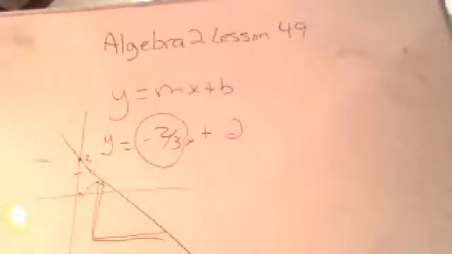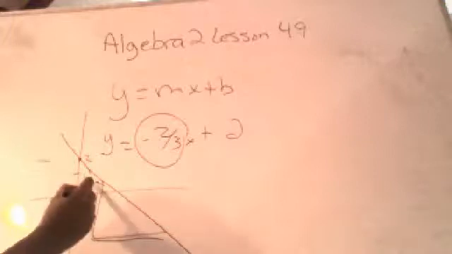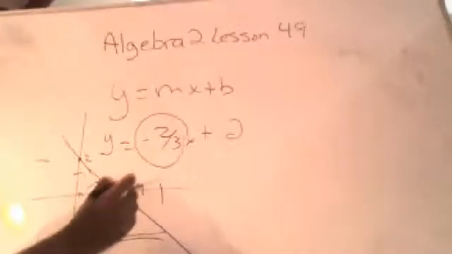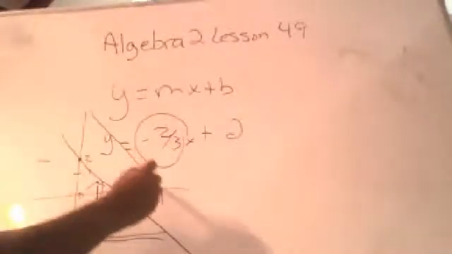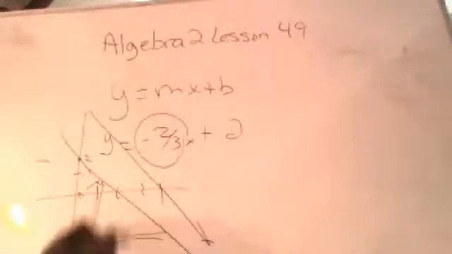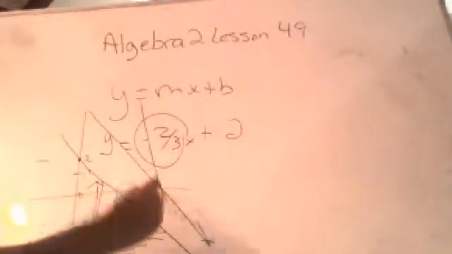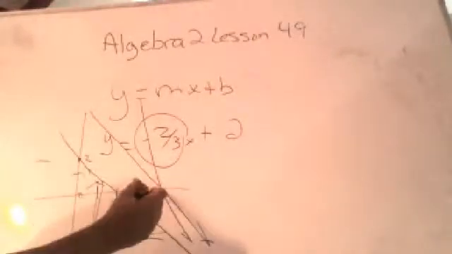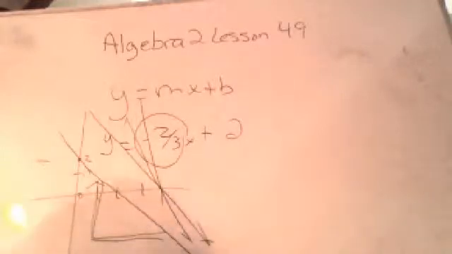Then sometimes, if you look at the example on 49a, it's got one that has an equation, and it crosses at 4. 1, 2, 3, 4. Well, it's almost a straight line, but it curves just a little bit.